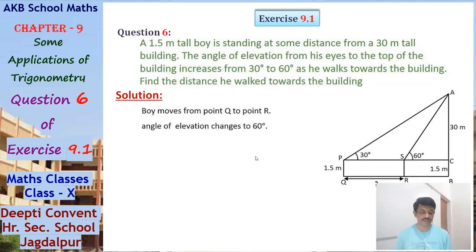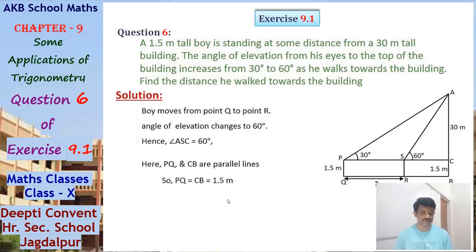That is, angle ASC is 60 degree. Here PQ and CB are parallel lines, vertical lines. So PQ and CB both are equal to 1.5 meters.